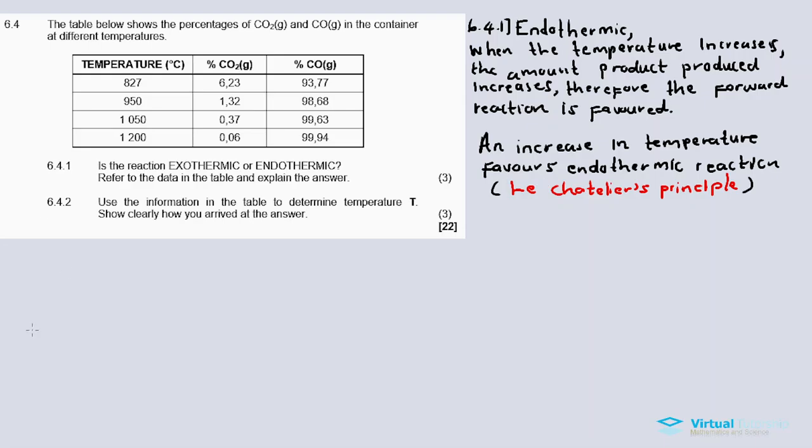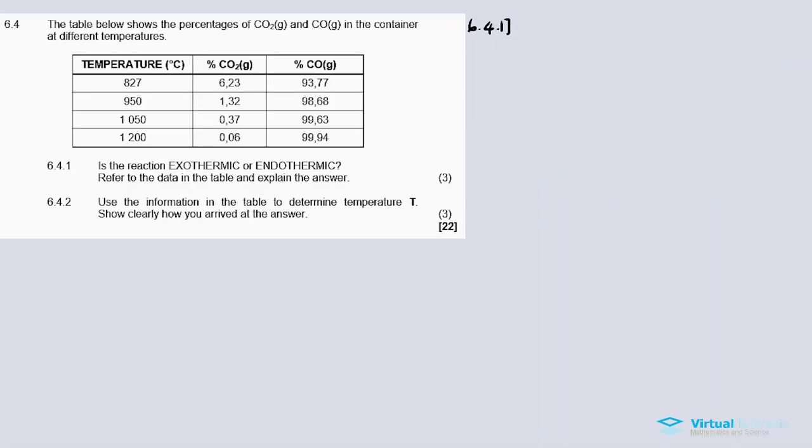6.4.2, use the information in the table to determine temperature T. Temperature T, remember, if you remember well, before we started with that, like in the first statement, they did mention something about the temperature, right?